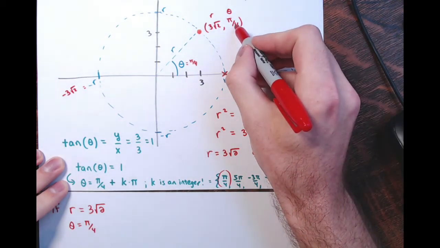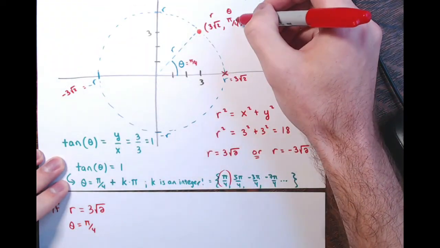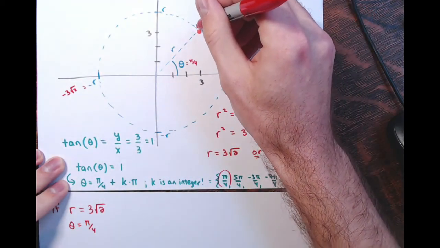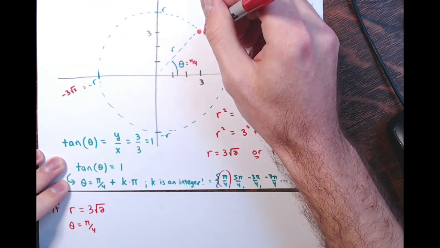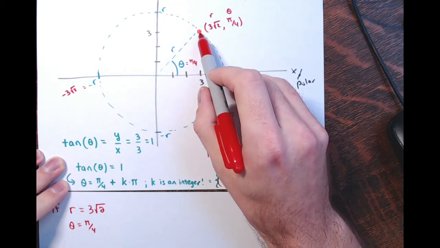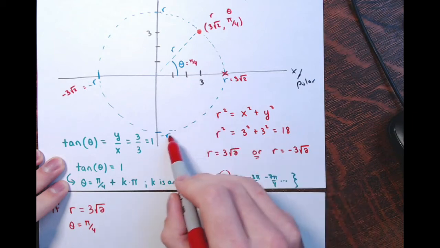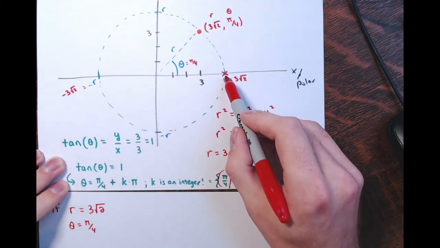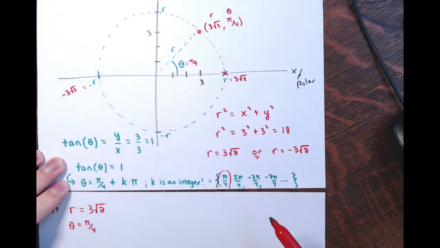But like I said, you could also add or subtract any multiple of 2 pi from that value of theta. If I add 2 pi, that'll be 9 pi over 4. Or if I subtracted 2 pi, that'd be negative 7 pi over 4. And check it: 3 root 2, go negative. Negative angles are clockwise. Negative 7 pi over 4 would take me to that point.